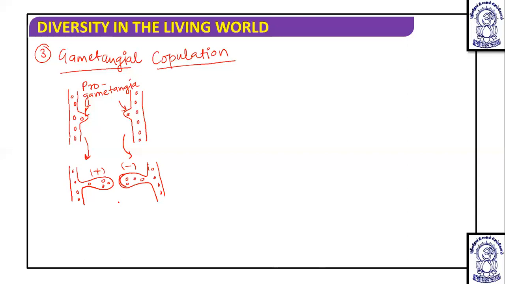Now both undergo plasmogamy. And in plasmogamy, both gametangia fuse directly. Due to the direct fusion of them, a multinucleated body is formed here.